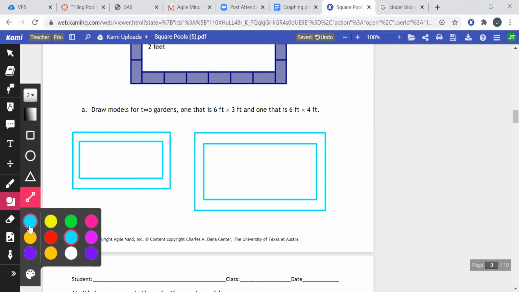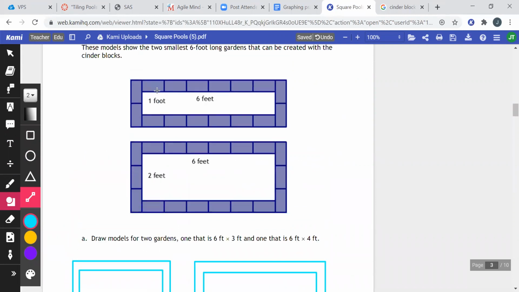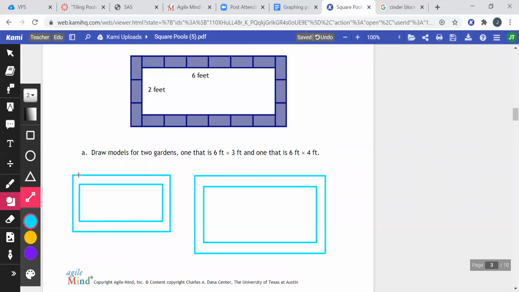But what we can do is we can just draw lines. So notice the top and the bottom are always the same. They're always 1, 2, 3, 4, 5, 6 cinder blocks wide. So let's just try that first. 1, 2, 3. Oh, actually put 3 on each side, right?